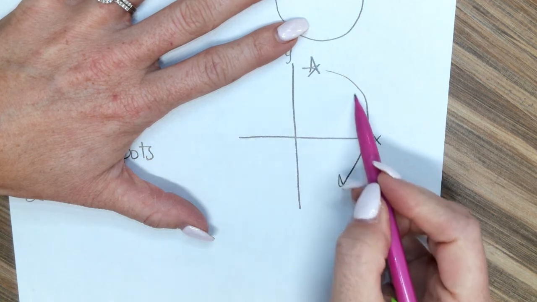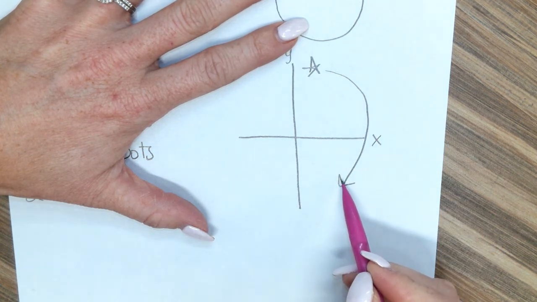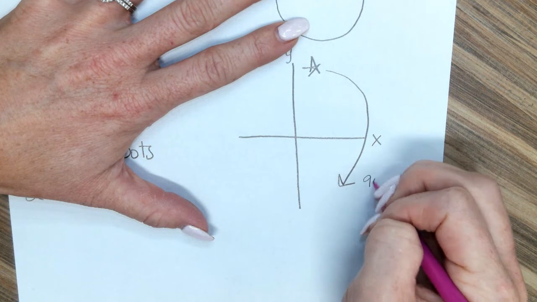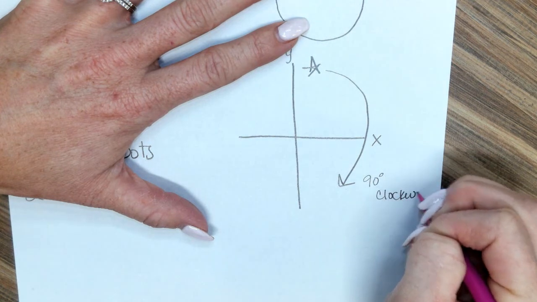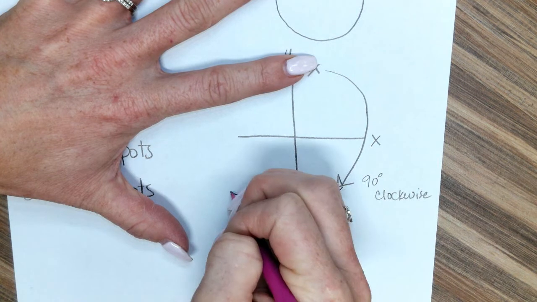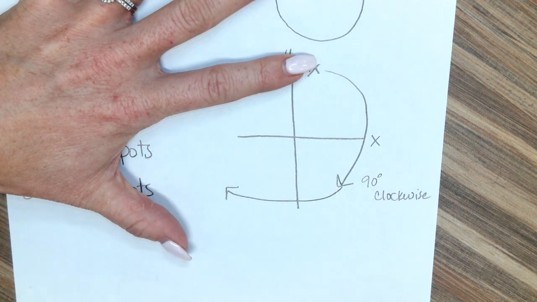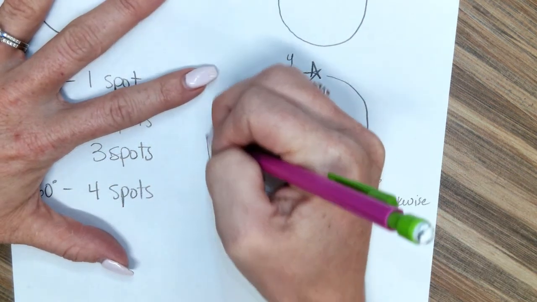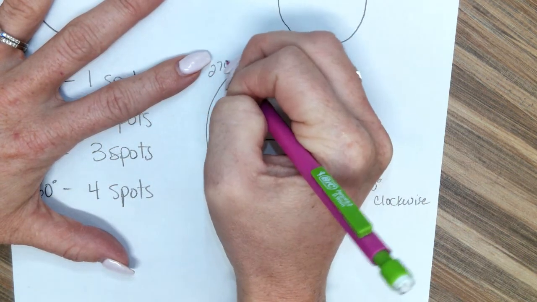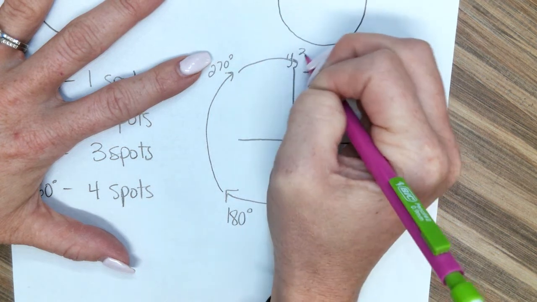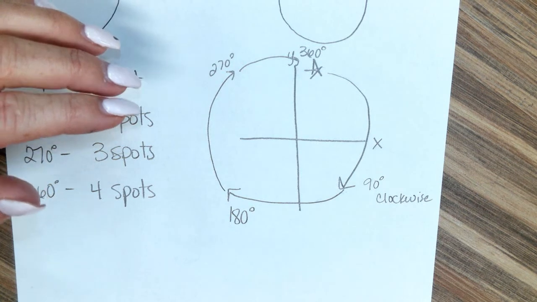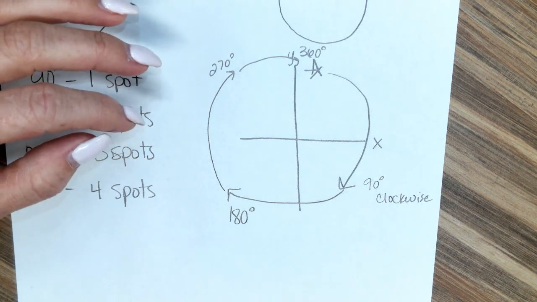I move from here like this. That's clockwise. This would be 90 degrees clockwise if this star went from here to here. What if I moved again? That's another 90 degrees. What's 90 plus 90? 180. And if I moved again, 270. And if I moved again, I did a full circle, 360, and I would end up right where I started.